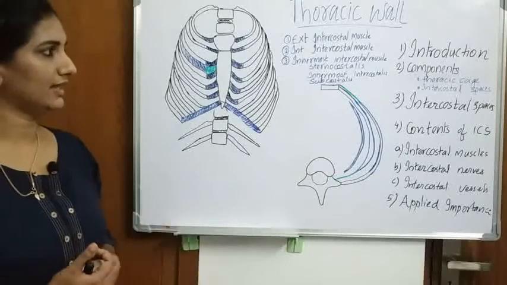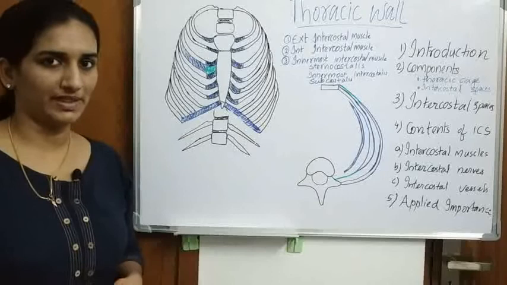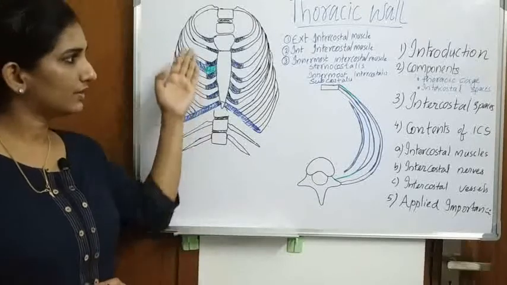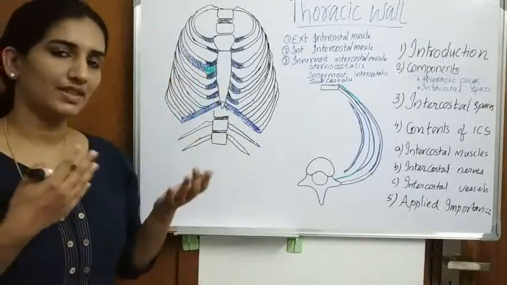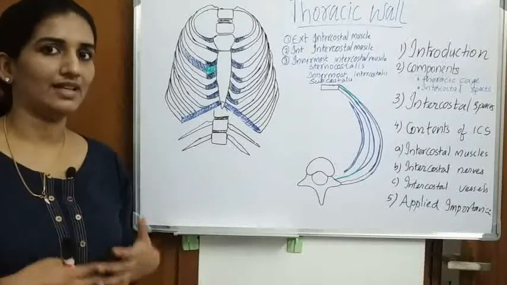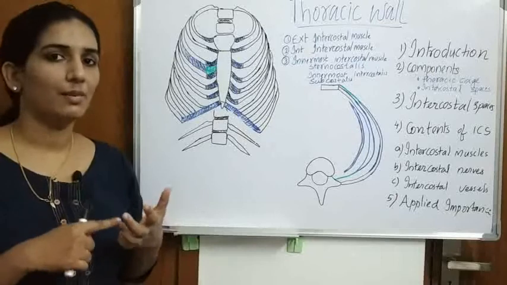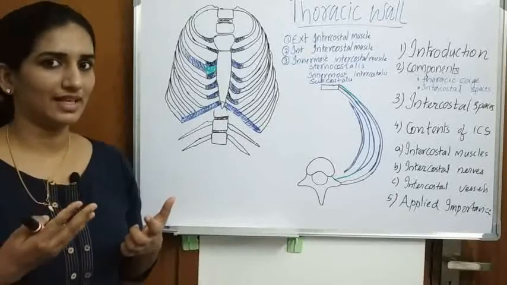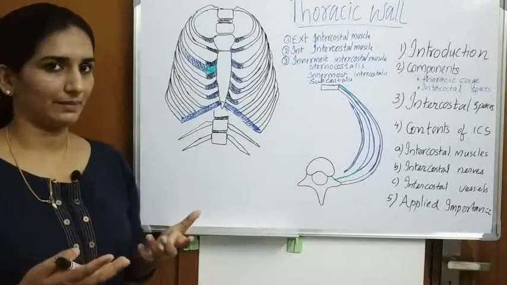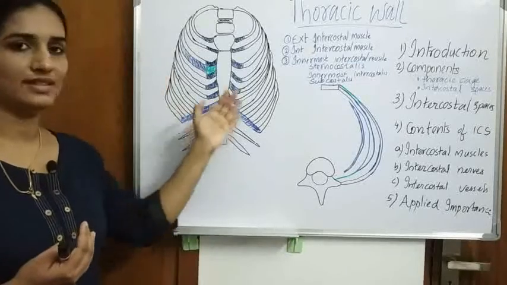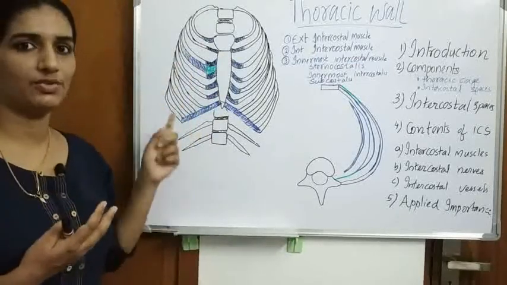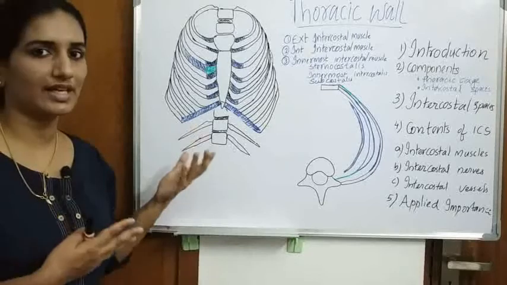Now, we will see the intercostal spaces. As I already mentioned, the thoracic wall consists of skeletal elements, muscles, and also the blood vessels and nerves supplying them. We have already seen what all structures form the skeletal framework of the thoracic wall.